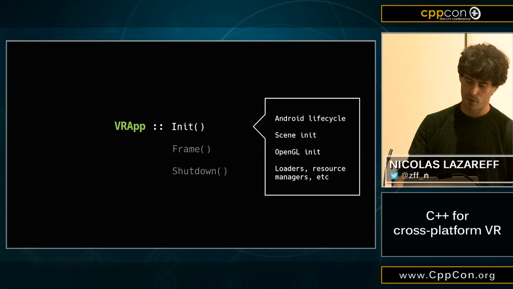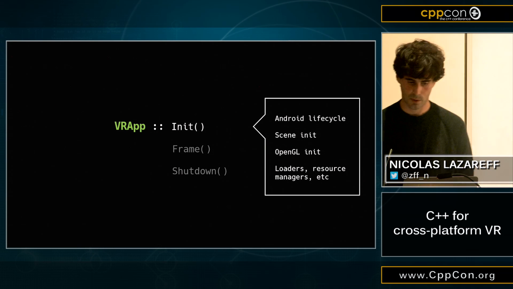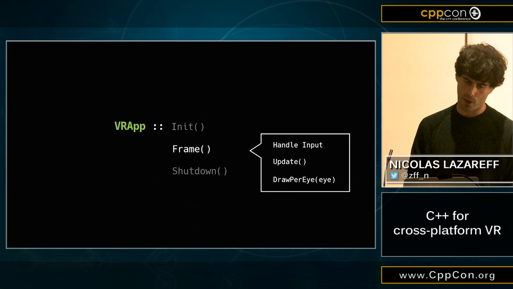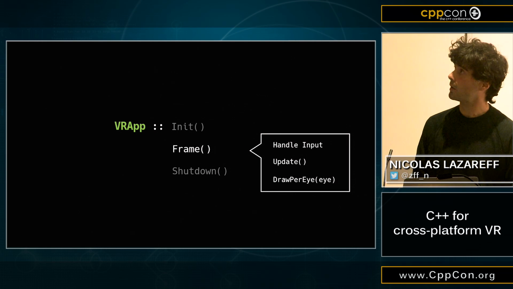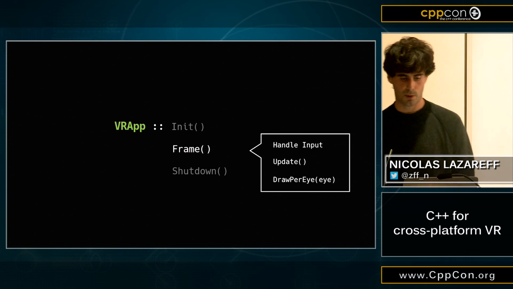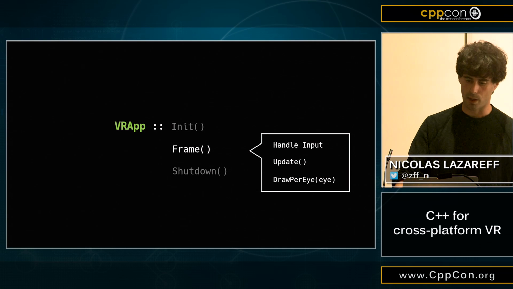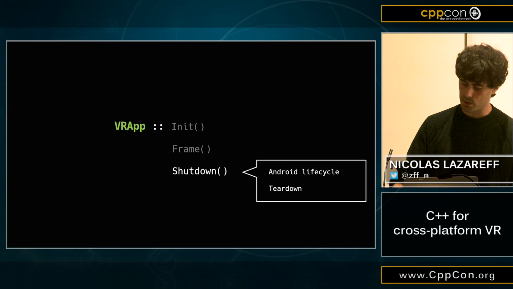And then finally, if our app needs it, we'll have our own loaders, resource managers, etc. Inside of the run loop, which for both Oculus Mobile and Cardboard will let the SDK handle for us, we'll handle input, update our scenes as necessary based on user input or based on what the user's looking at. And then finally, we'll draw once per eye. And then unsurprisingly, when the app is finished, we have to tear it down and return to the OS without any crashes.